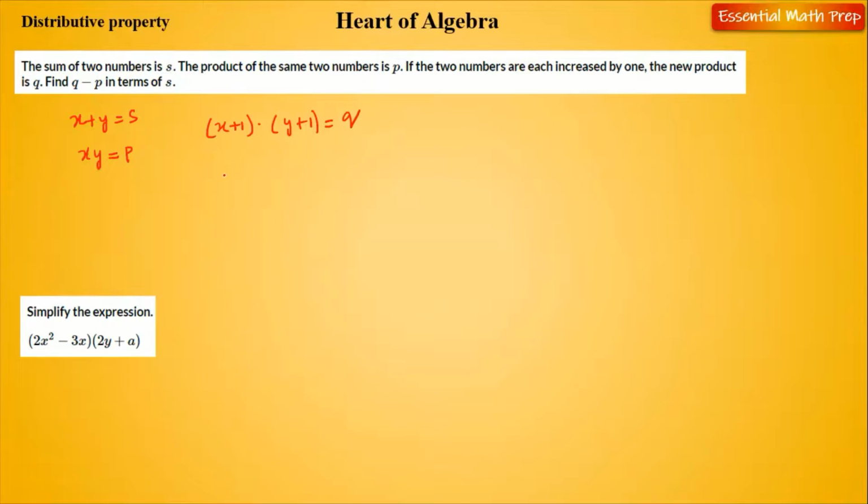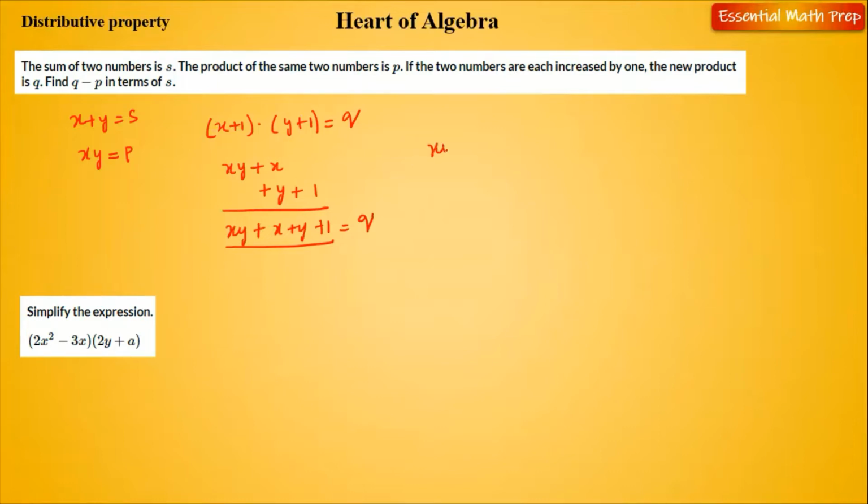So let's use the FOIL method to get the answer. So it's xy, right, plus x plus y plus 1. That's equal to q, right? We know x plus y is s.